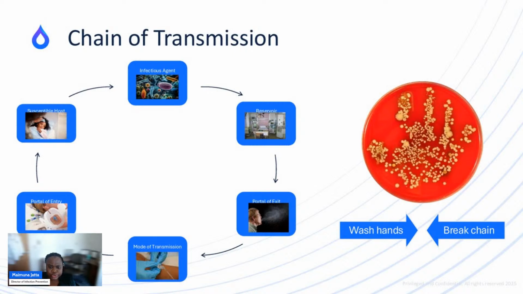And then we move on to the other big piece of the chain, which is reservoirs. So these are where the agents live and proliferate and multiply. In the healthcare environment, this could be anywhere from the patient's bed rails, items within the patient's reach, to medical devices and other high-tech surfaces in the hospital environment.